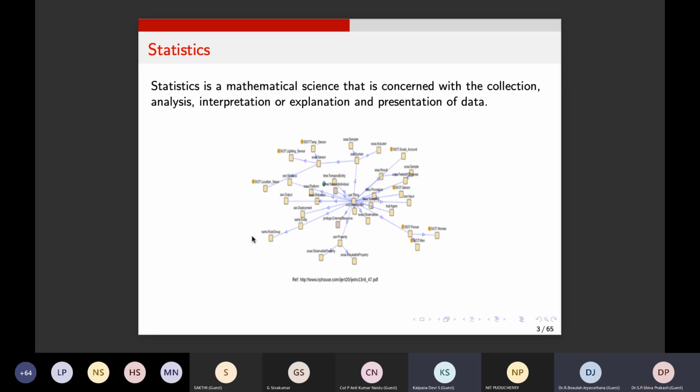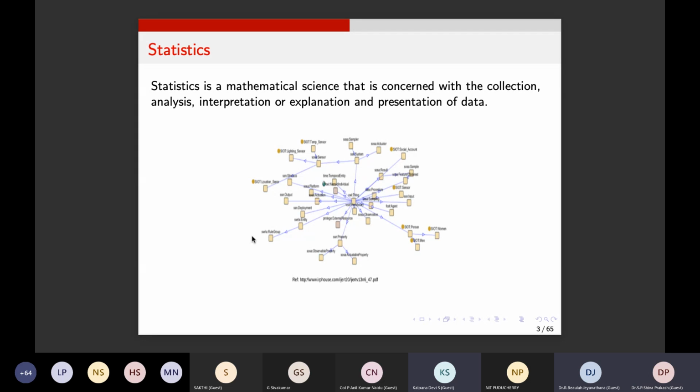So what basically statistics is, it's a mathematical science that is concerned with the collection, analysis, interpretation or explanation, and also the presentation of data. Right?